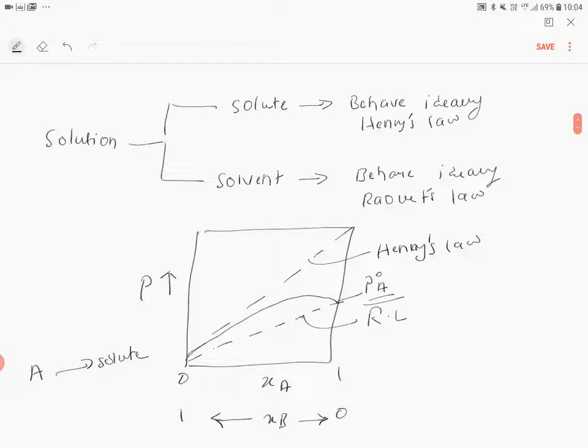It can also be seen from the above figure that the Raoult's law curve meets the partial vapor pressure curve tangentially in the region where XA is equal to 1. Thus we see that Raoult's law is applicable only in a limited range of concentration where A is present in excess amount and thus acting as a solvent.